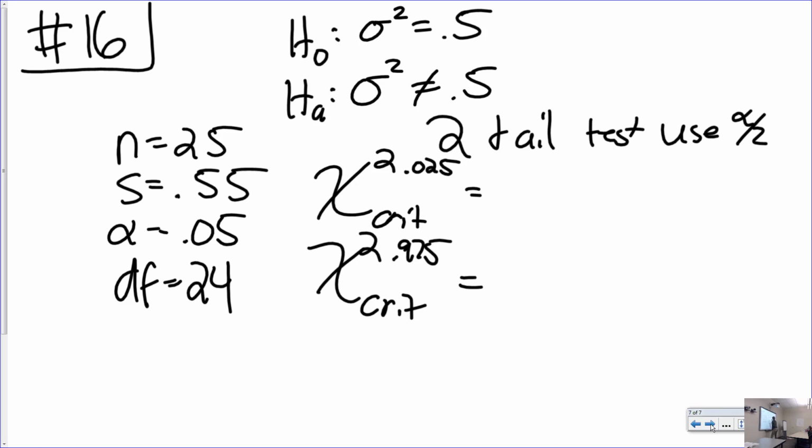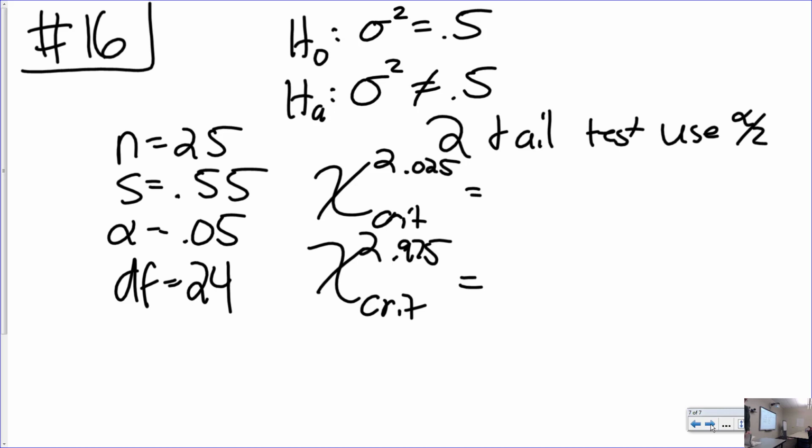So what's the 0.025 value? Yep. What's the 0.975? I don't know if I'm on the right side. Never mind, I don't know.